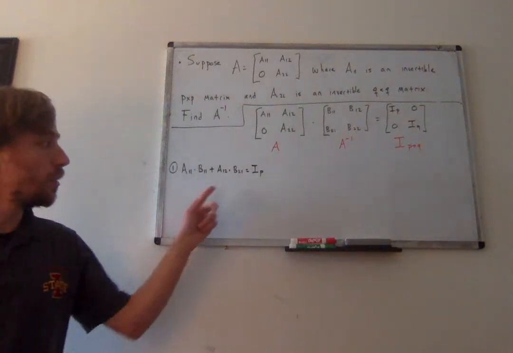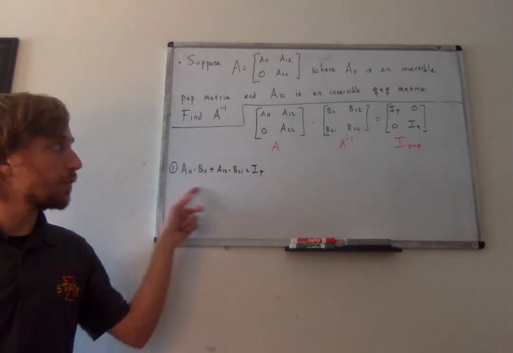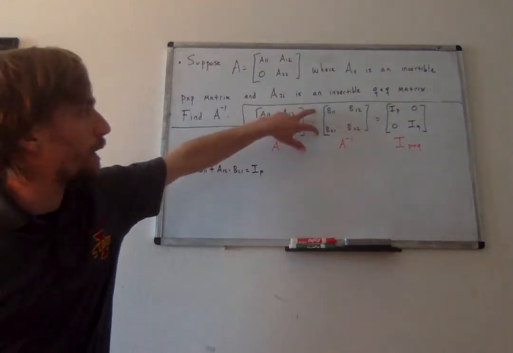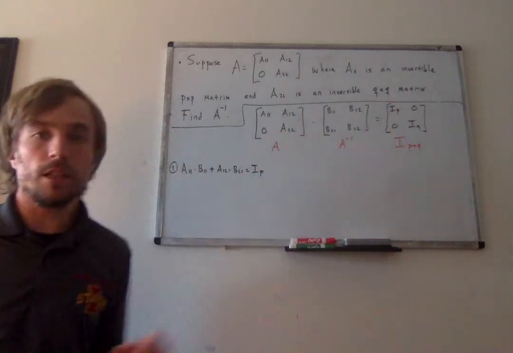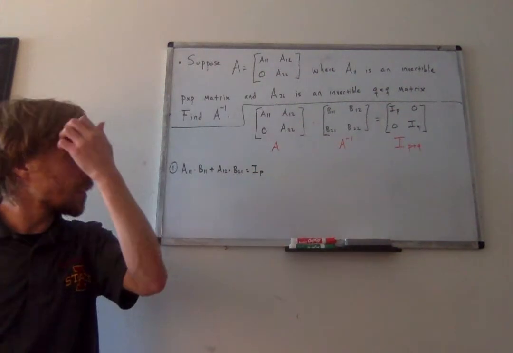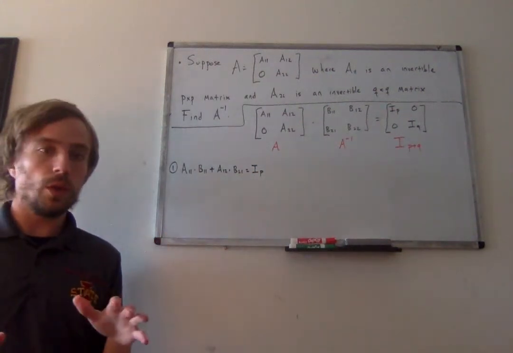So this is a matrix equation which must be satisfied because this matched up with this should give me that entry. And so now I'm going to do the rest of this a little quicker.